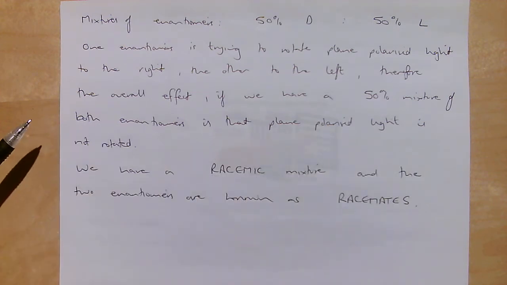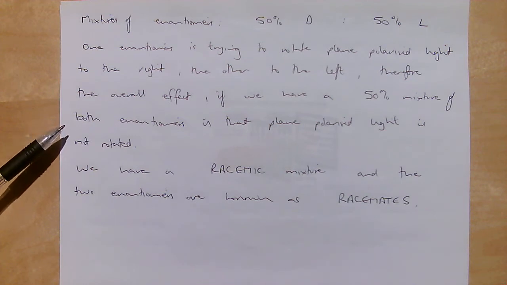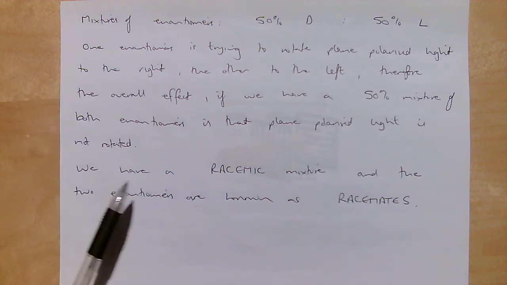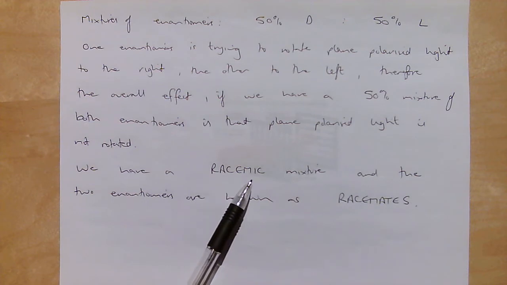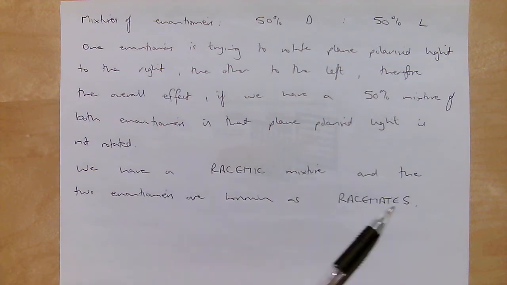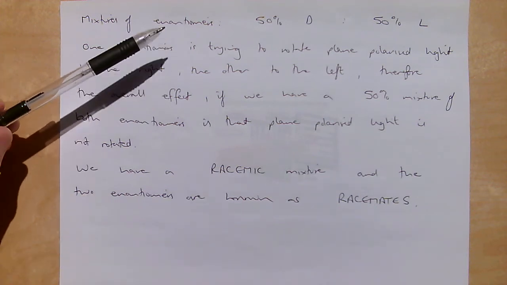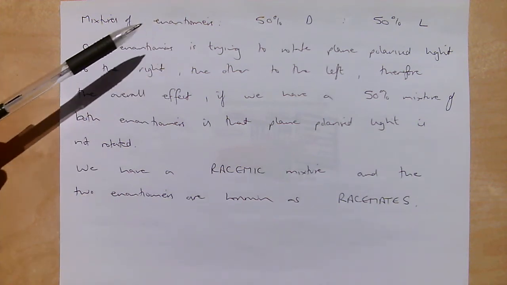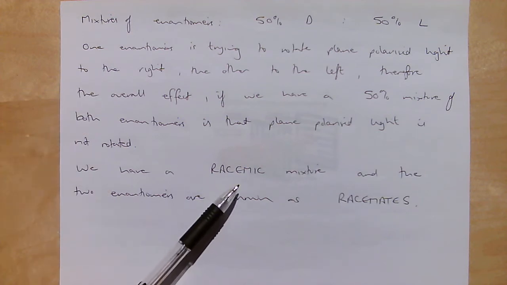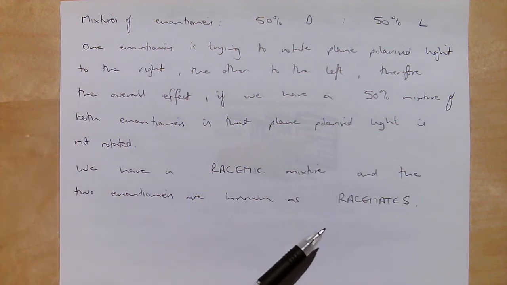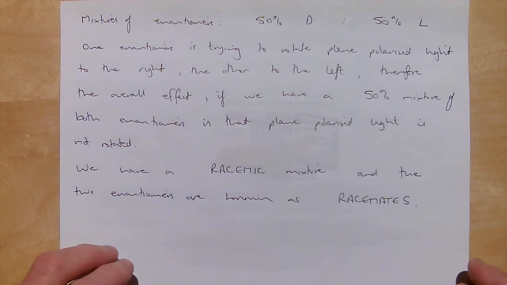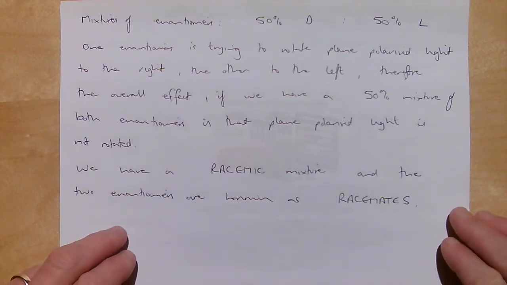When plane polarized light is not rotated by this type of mixture, we say that we've got a racemic mixture, and the two enantiomers are known as racemates. So when we've got a 50% mixture of the D and the L enantiomers, we have a racemic mixture, and the two enantiomers are known as racemates. Okay, so that's optical isomerism.